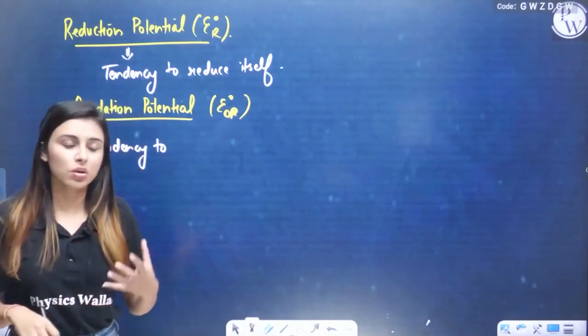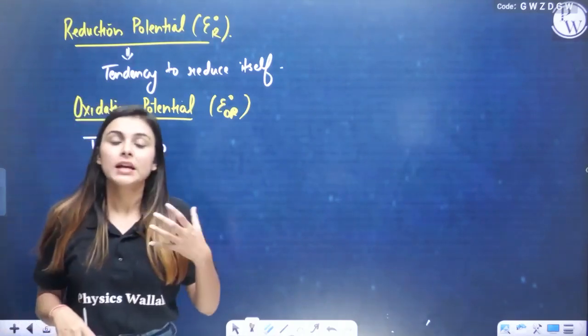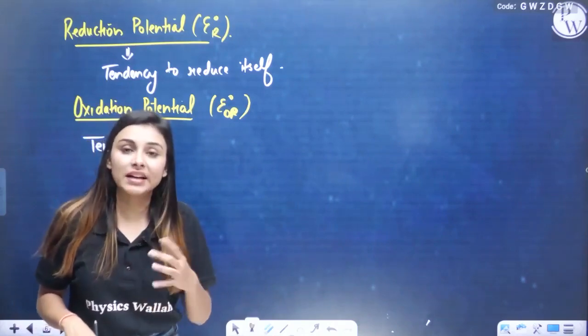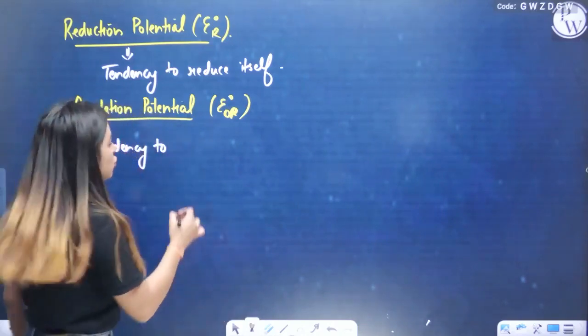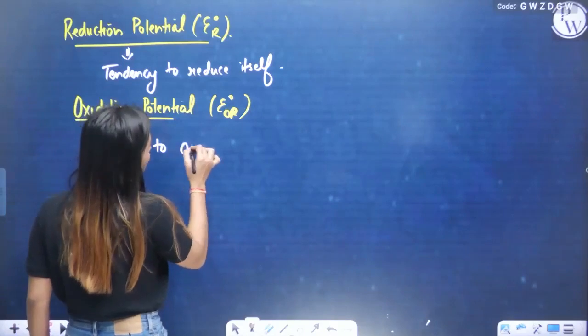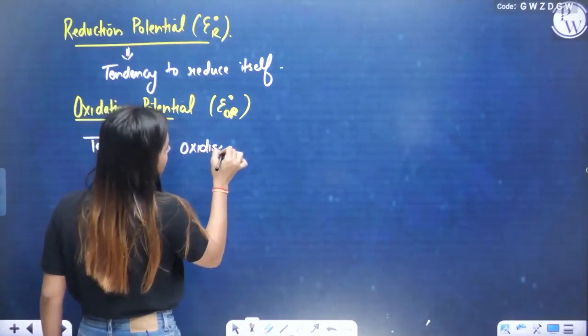What is oxidation potential? It is the tendency to oxidize itself, that is, to lose electrons.